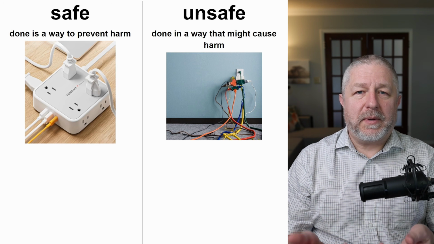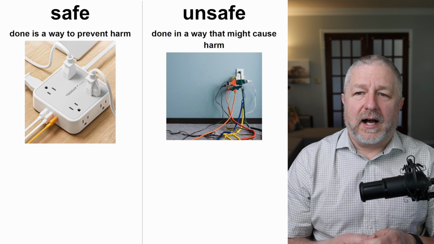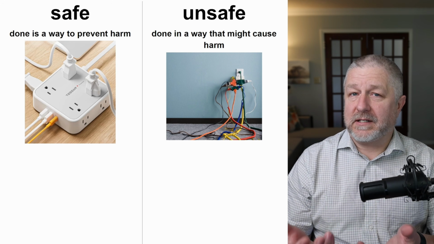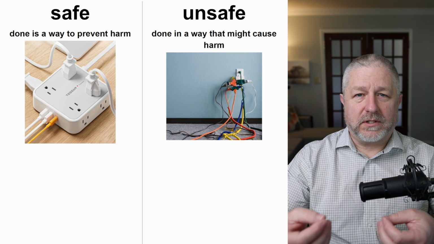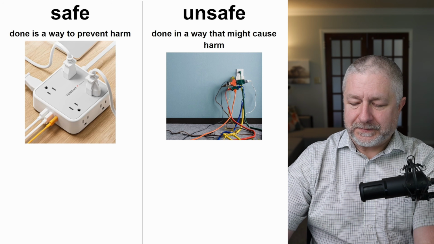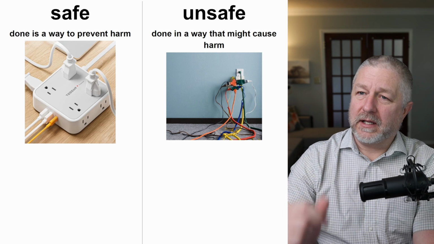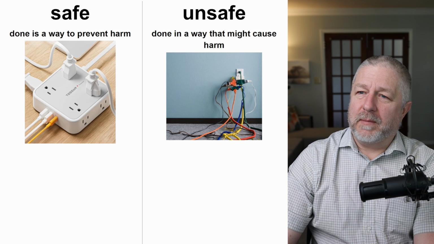Now I should expand on this. You could say, I live in a very safe part of town, or I live in a very unsafe part of town. So you can use it to describe areas as well. Or maybe you know someone who's, I'm trying to think, like you could even describe a person's car.